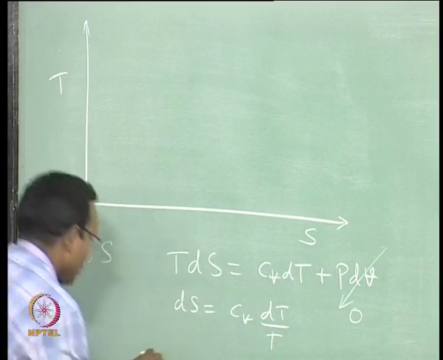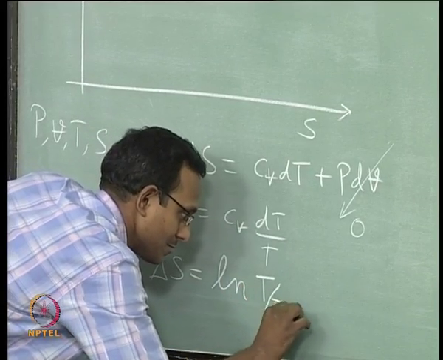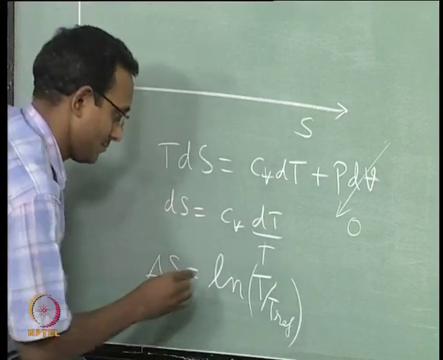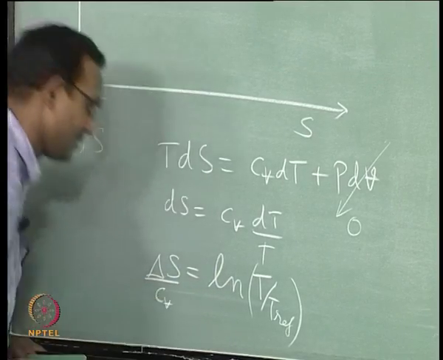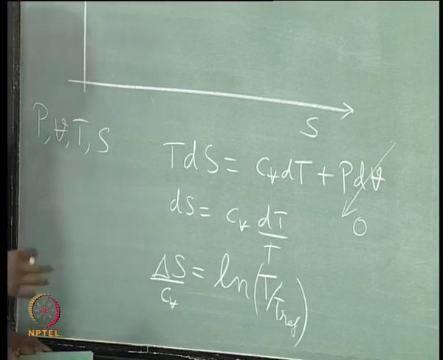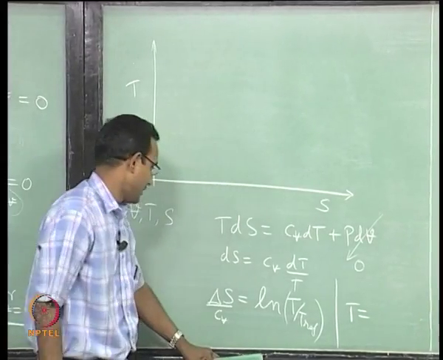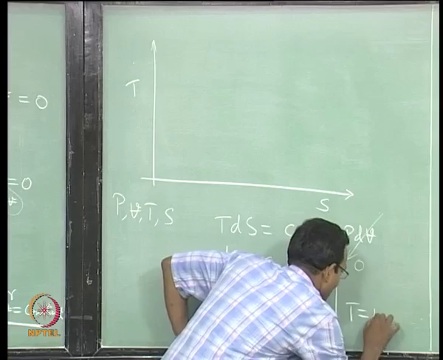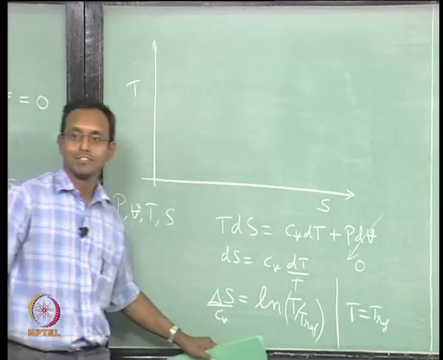This is the thing. So I can get something. I will write it like this, or equivalently I can write this as T equal to some constant T ref times exponential of this function.